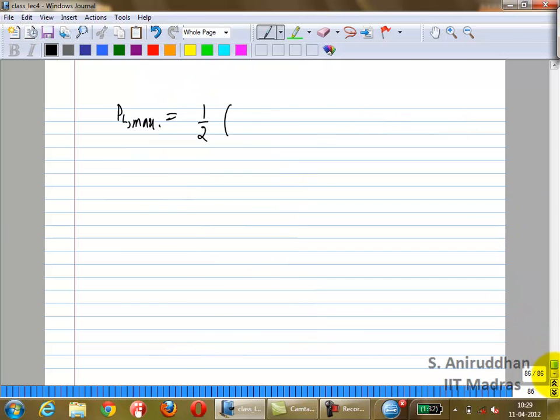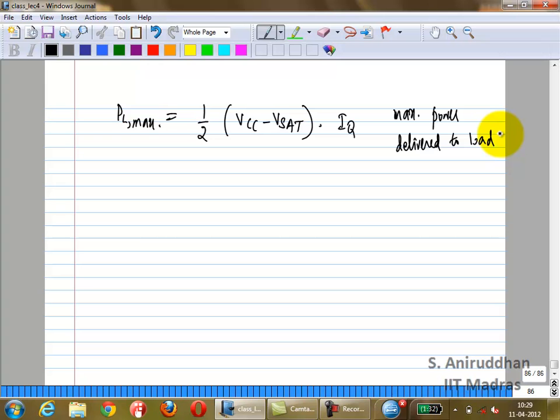Correct? What is IO max? IQ. So this is the maximum power delivered to the load. Correct? Is that clear to everyone?